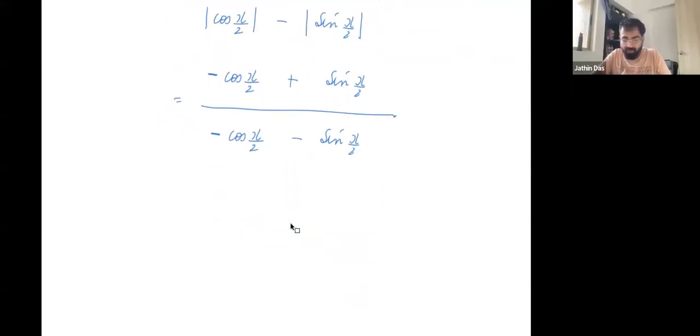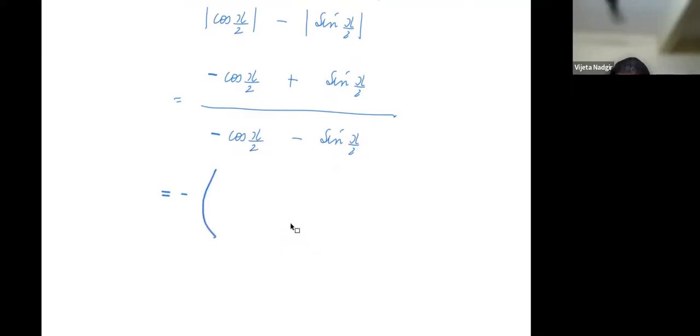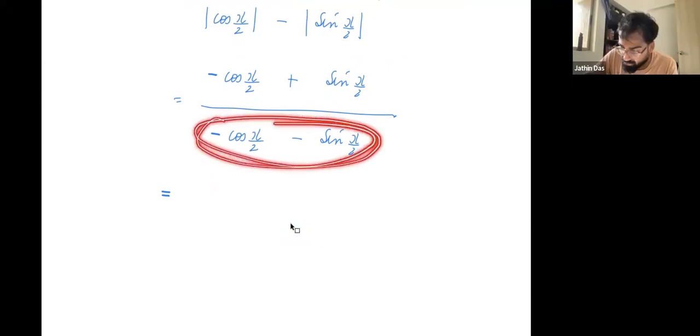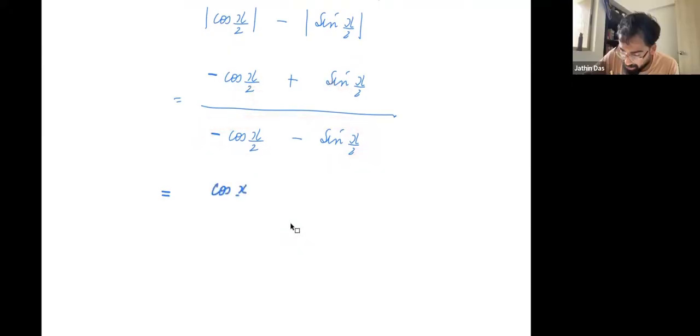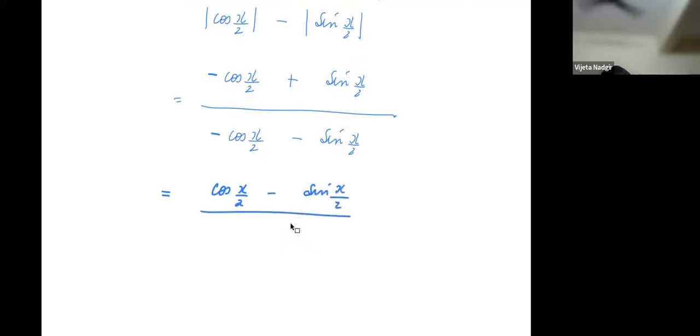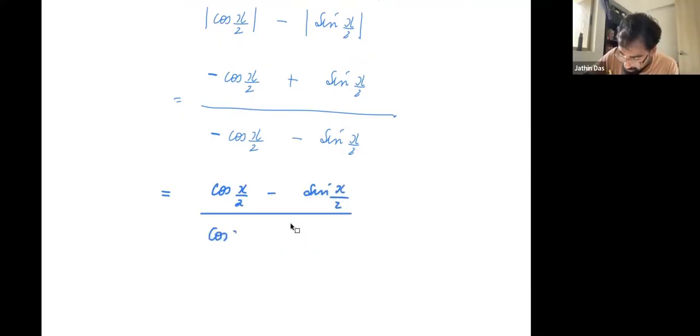Then you can simplify it also. What will happen if I take negative common? Cos x by 2 minus sin x by 2 over cos x by 2 plus sin x by 2. You can take a negative common and change the sign of this. Correct.